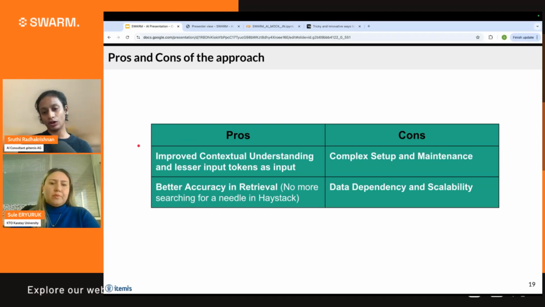If we come to the con side, the setup at first glance may look complex if you're not used to graph databases or setting up certain open source technologies, or who has governance of what, etc. Then this could be a con, and it also depends on the data that you have. You need to fill out all the node properties and all the edge properties, so that your data is always full, and this needs to be ensured for your RAG system to take this data and use it accordingly.